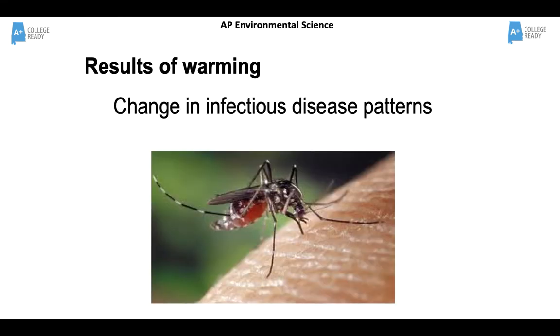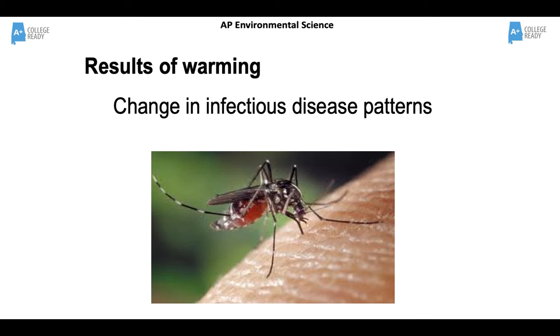Another result would be changing range of many species. And one of the things that we have been looking at is how many species cannot tolerate freezing, or they have a minimum temperature that they can tolerate.